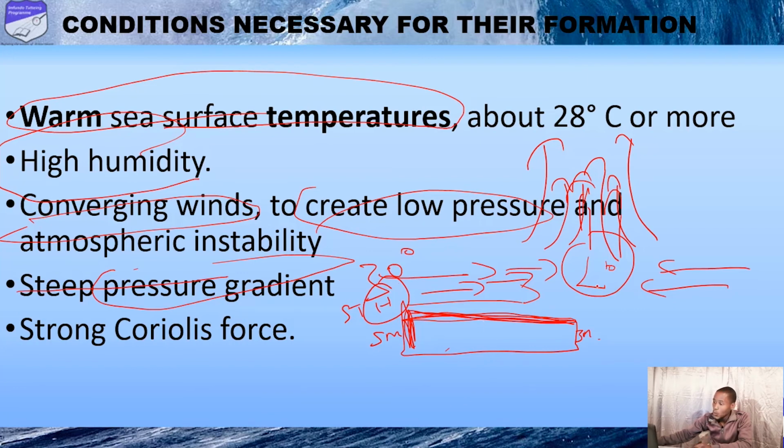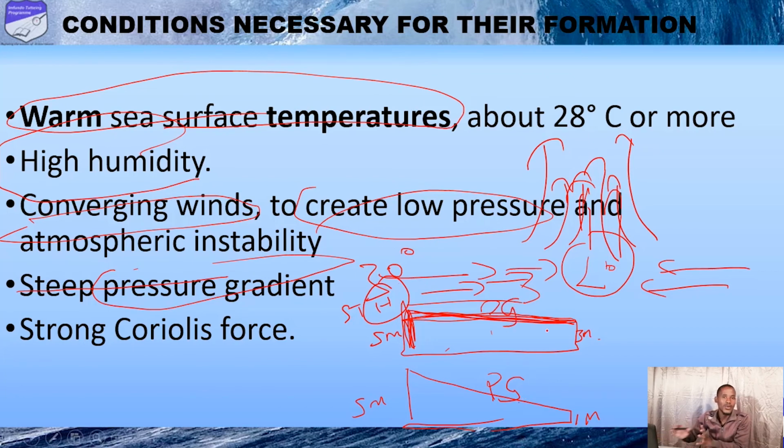But now what happens when the pressure continues to drop here? Here it remains 5 meters. Now here, because the pressure has dropped, let's say this is 1 meter. What happened to our pressure gradient? So now our pressure gradient is steep.